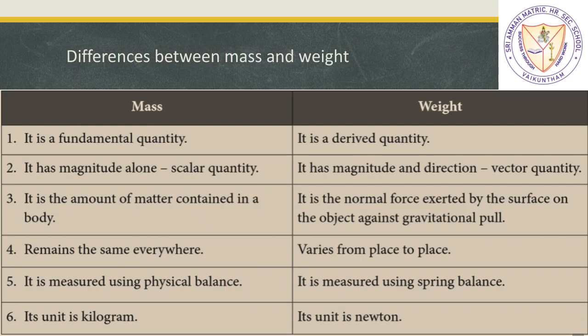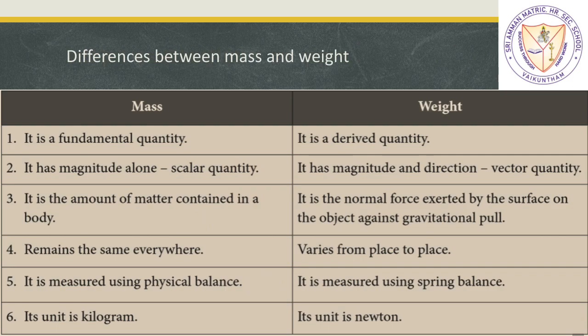If it is only magnitude, it will be called a scalar quantity. If it has both magnitude and direction, then it will be called a vector quantity. So how exactly is mass defined? It is the amount of matter contained in a body. The amount of matter present in a body is called mass. Quite simple.